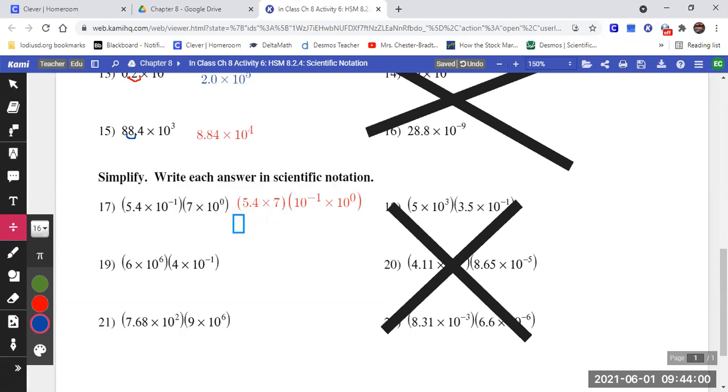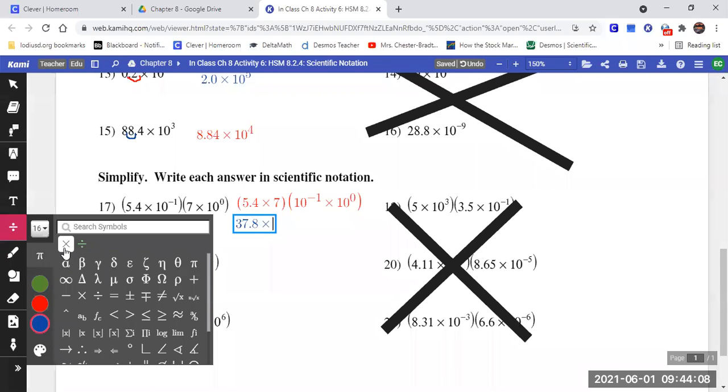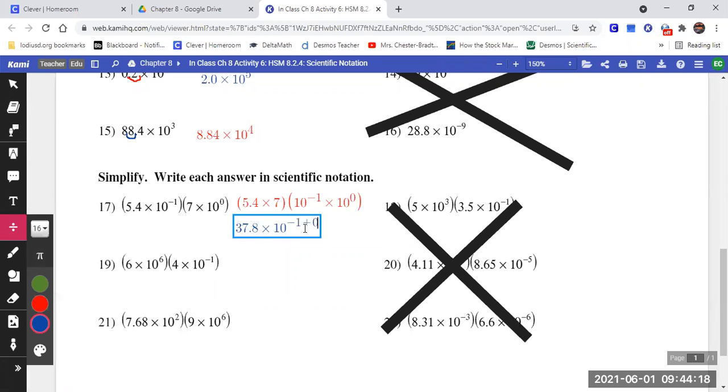What is 5.4 times 7? Okay, 37.8 times 10 to the negative 1 plus 0. Remember, we're allowed to add our exponents. What is this exponent going to become then?